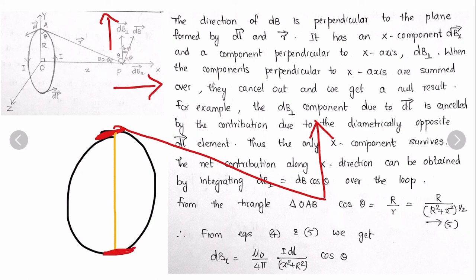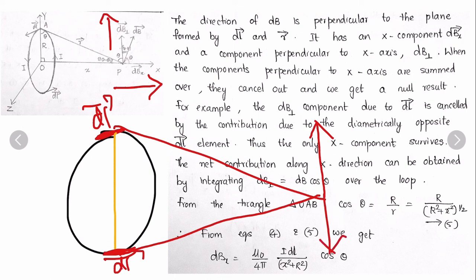Because of this lower DL, which is of the same size and exactly in the opposite direction, the y component of the magnetic field will be in the downward direction. Therefore upward arrow is because of the top portion, and downward because of the bottom portion.